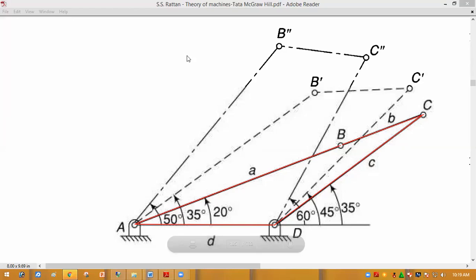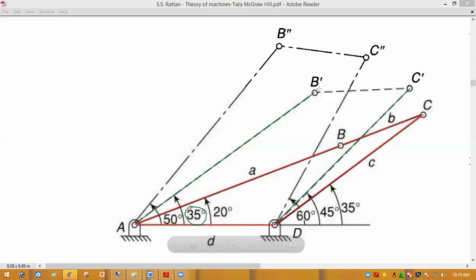So from A, make an angle of 35 degree with length equal to A. So I am drawing a line from A. That is the input link in the second position, the green color. And we have to draw the output link at an angle of 45 degree, which was given in the question, with length equal to C. So I am constructing the output link.